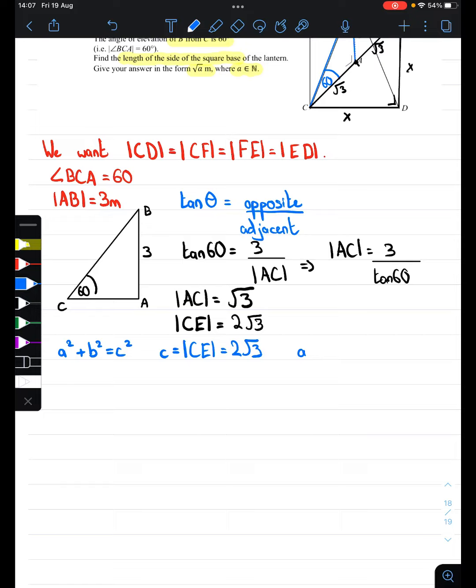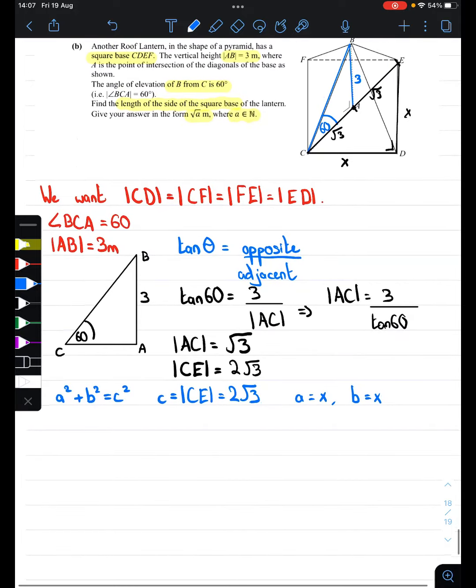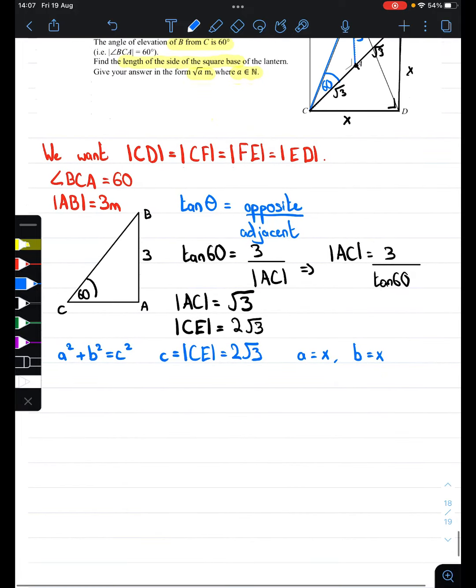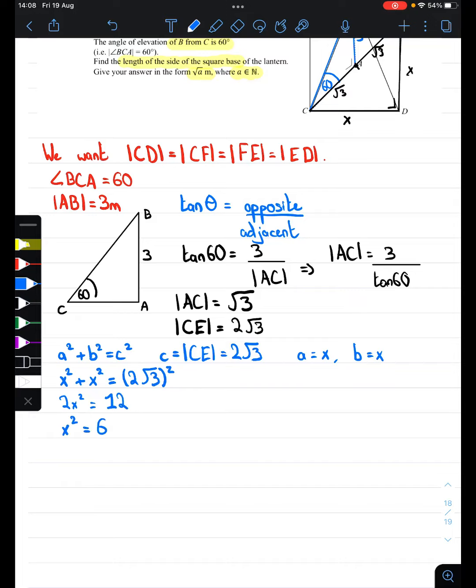And A is x, and B is x. So if we sub these in, we'll get x squared plus x squared is equal to 2 root 3 squared. So 2x squared equals 12. So x squared equals 6.